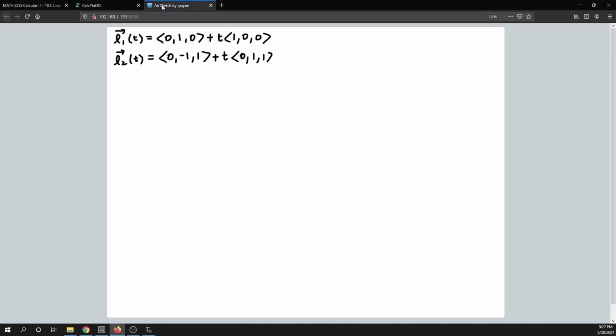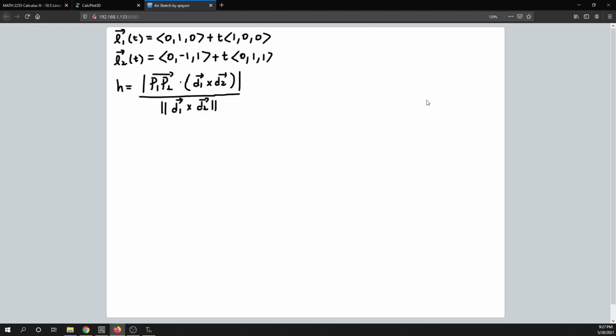And remember what we're after is h equals the absolute value of the vector from P1 to P2 dotted with the cross product of the direction vectors, and then divided by the magnitude of the cross product. So that's what we're after.